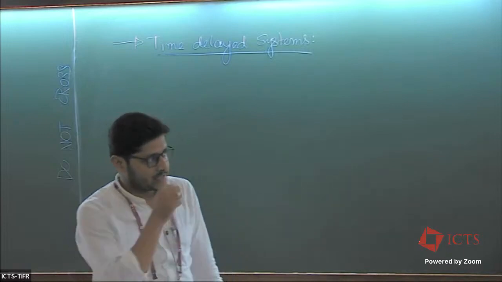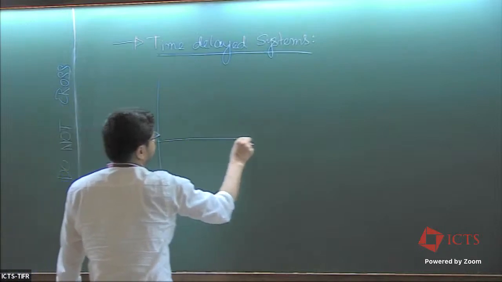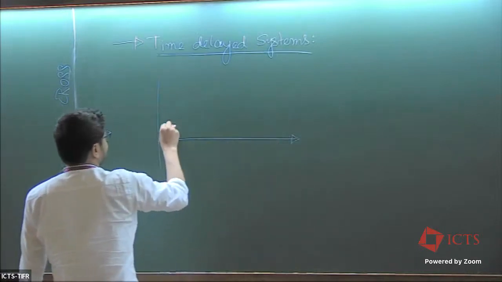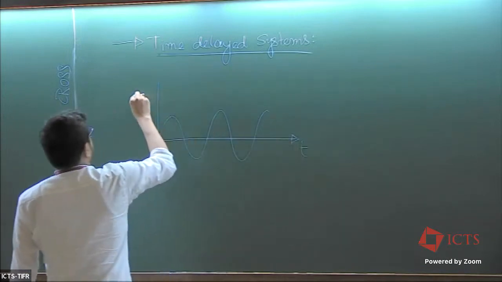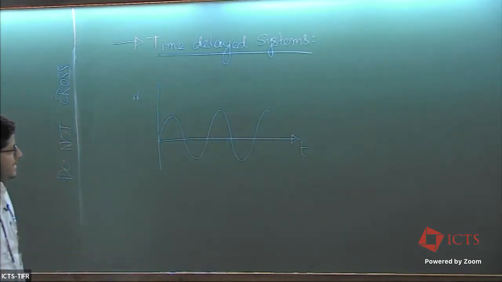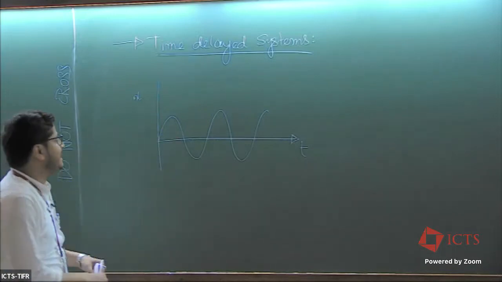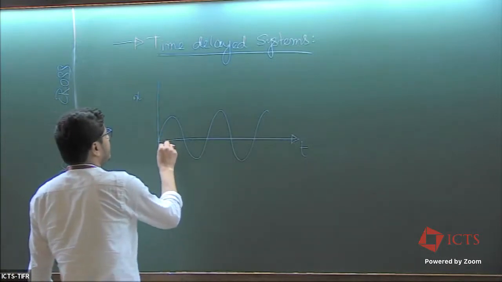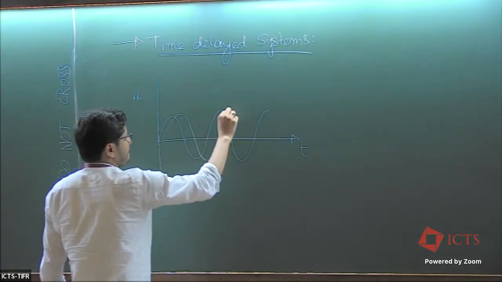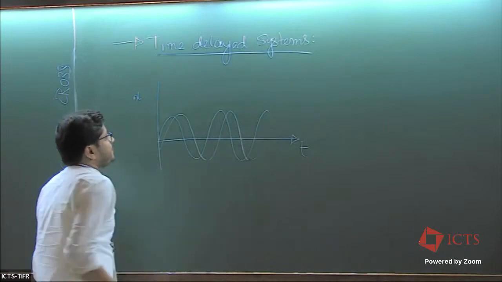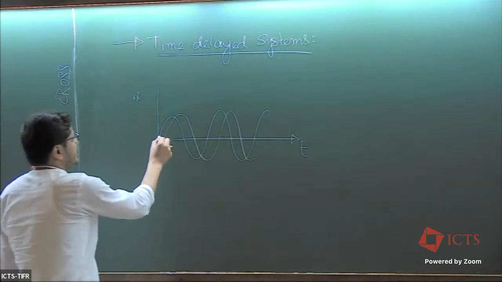So first of all, what is delay? Suppose you have a time series of a signal, let it be sinusoidal, suppose it is X. Then if there is delay, the delayed signal will look like this.